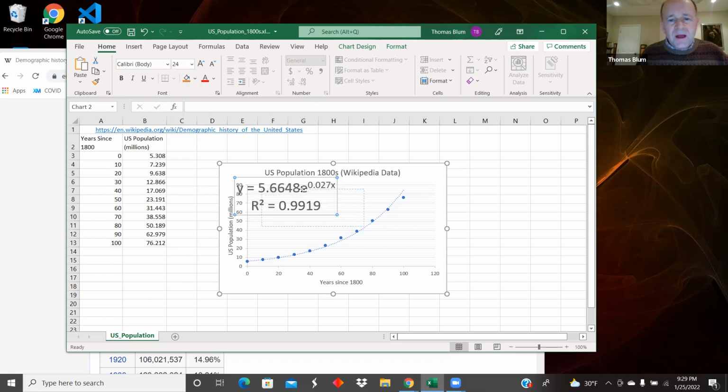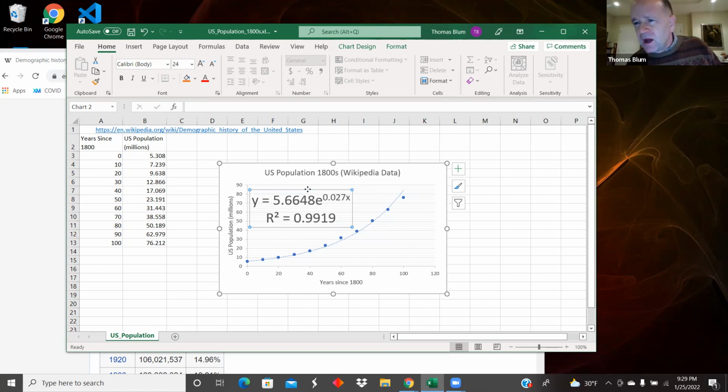Okay, now the question I want to ask is, how many years does it take for the population to double, or at least in this 1800 period? So we can get a rough estimate by just looking at the graph. We started around 5, a little more, 5.3, and doubling that would be 10.